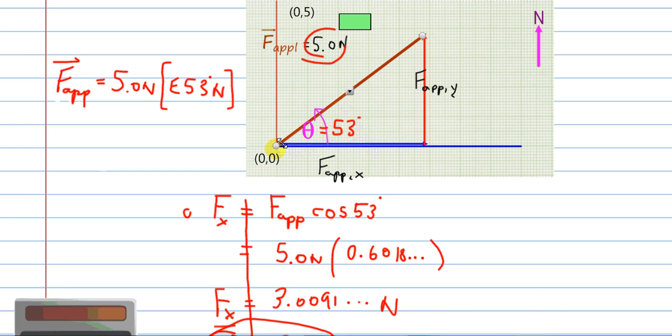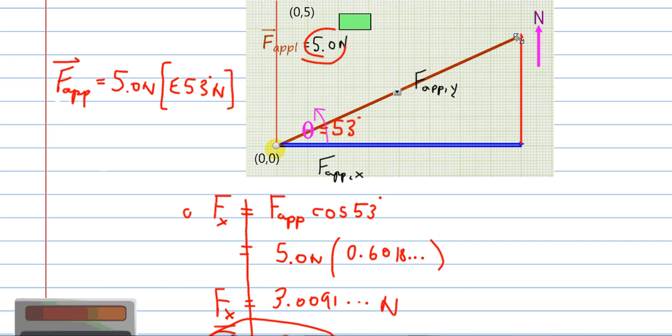It's not as steep, meaning that the applied force vector is becoming closer to the easterly component. And if I made this vector even larger while this one stays the same, it's becoming even more towards the east.